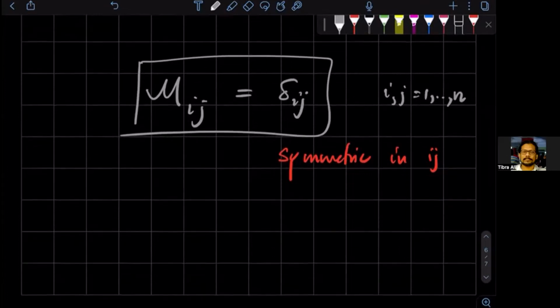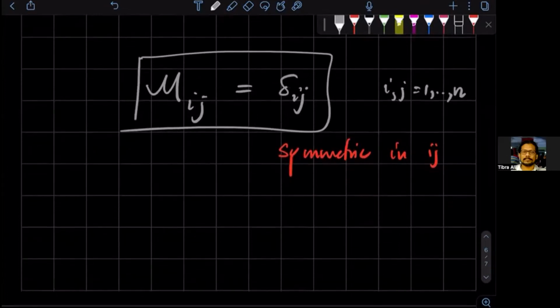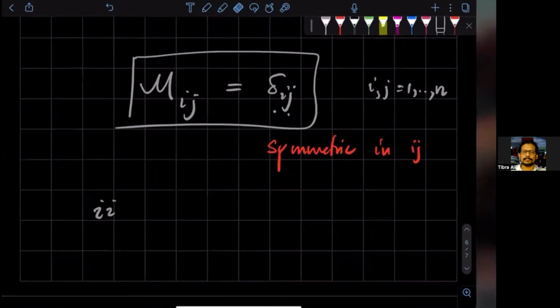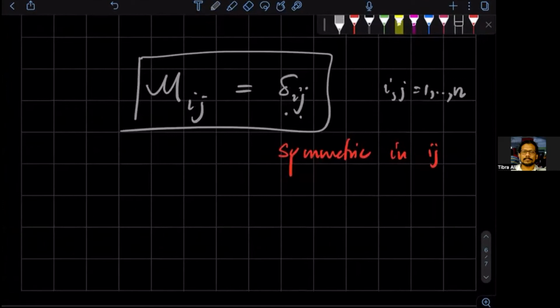Okay, let's look at it this way. There are two cases: when this index is equal to this index, i equals j. When this is the case, there are two instances of this equation. One is when the two indices are the same, and there is no sum over i.